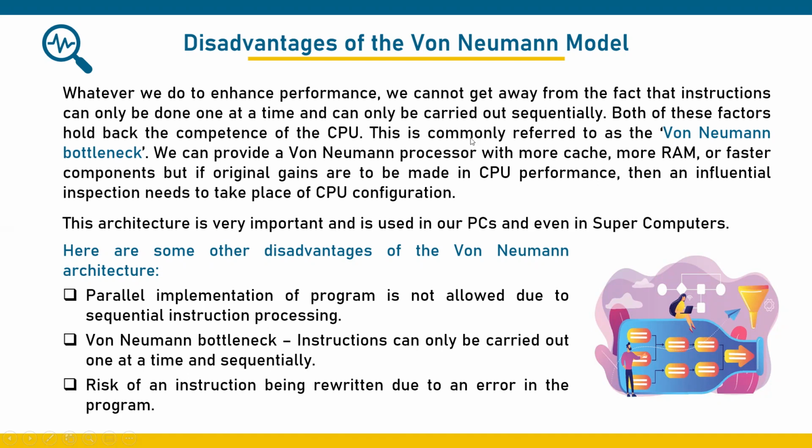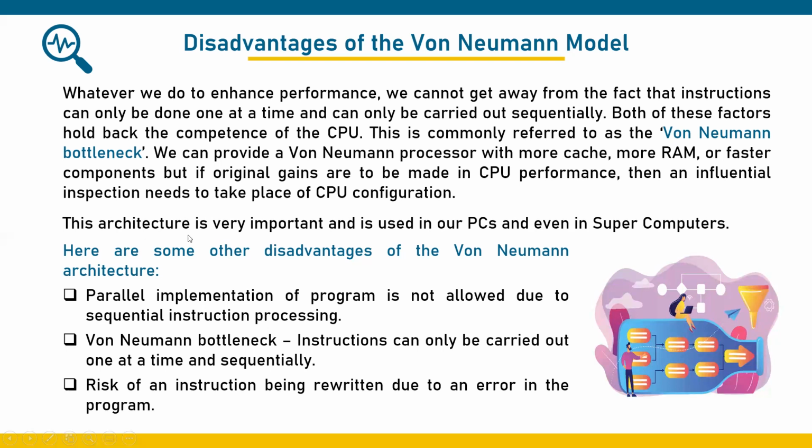This is commonly referred to as the von Neumann bottleneck. We can provide a von Neumann processor with more cache, more RAM, or faster components, but if real gains are to be made in CPU performance, then changes need to take place in CPU configurations.